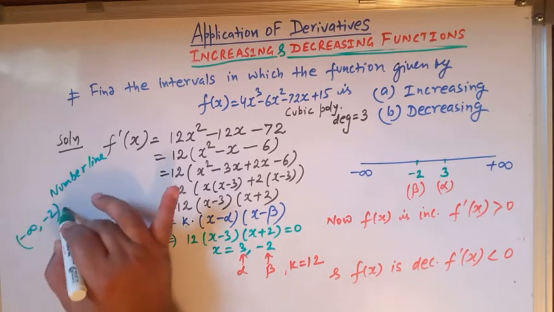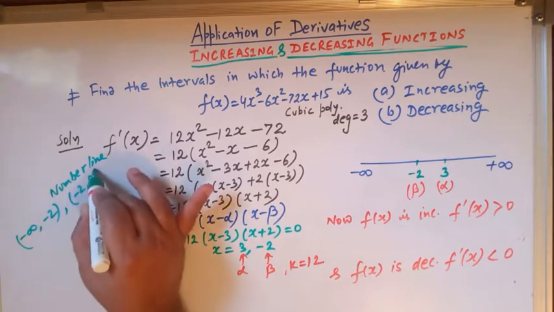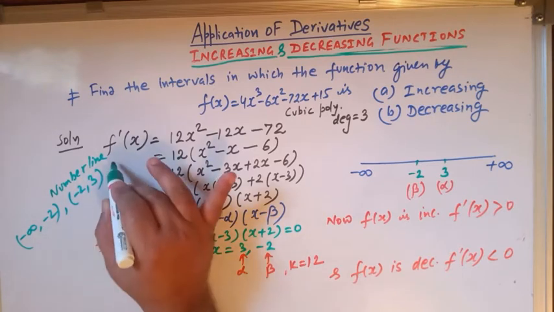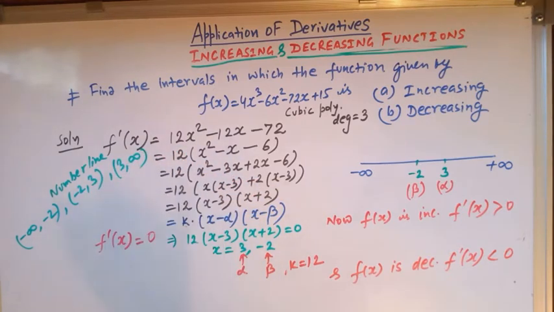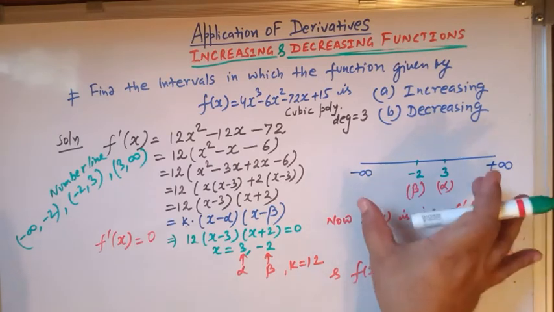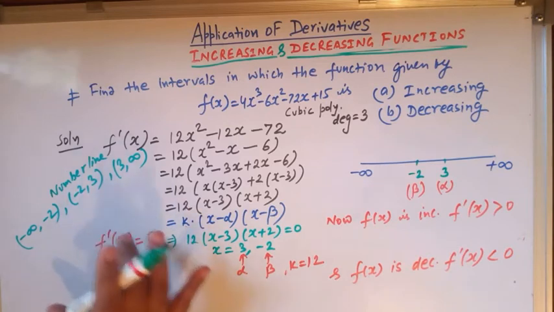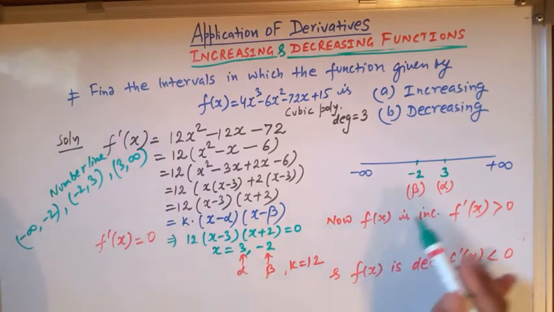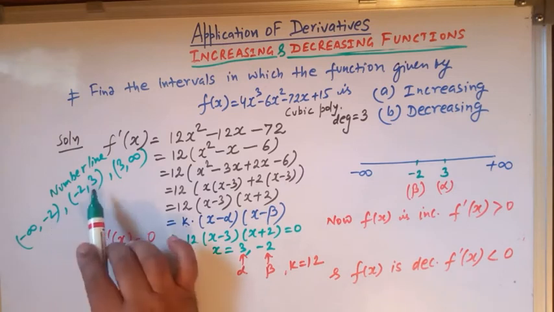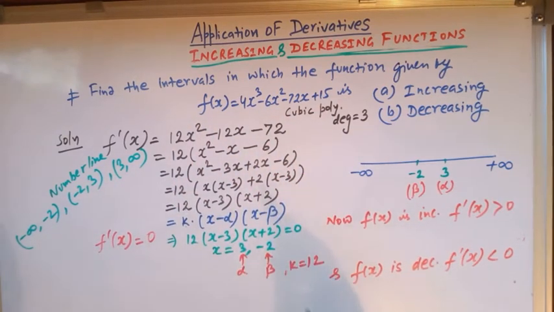Then we have one interval as minus 2 to 3, and then we have 3 to infinity. Clear? Now we have to determine in what interval this function is increasing or decreasing. Clear? So we have calculated the values x equal to 3 and minus 2.